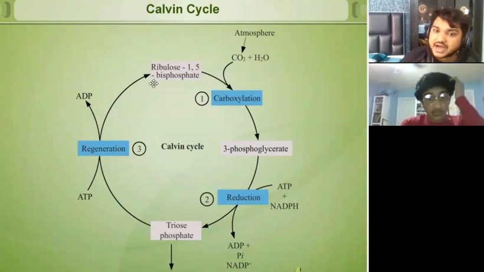When RuBP is combining with CO2, this step is called carboxylation, and this is also done by the Rubisco enzyme. So remember, you don't have to give oxygen to the Rubisco, because whenever they see oxygen, they will become mad. They are not working. So that's why.